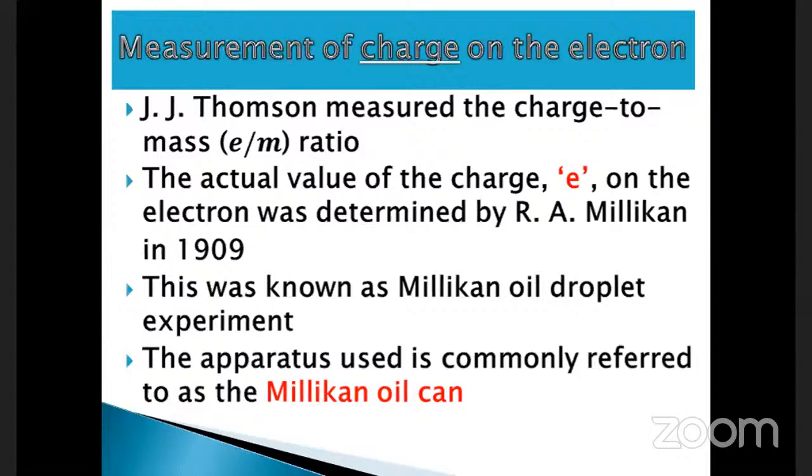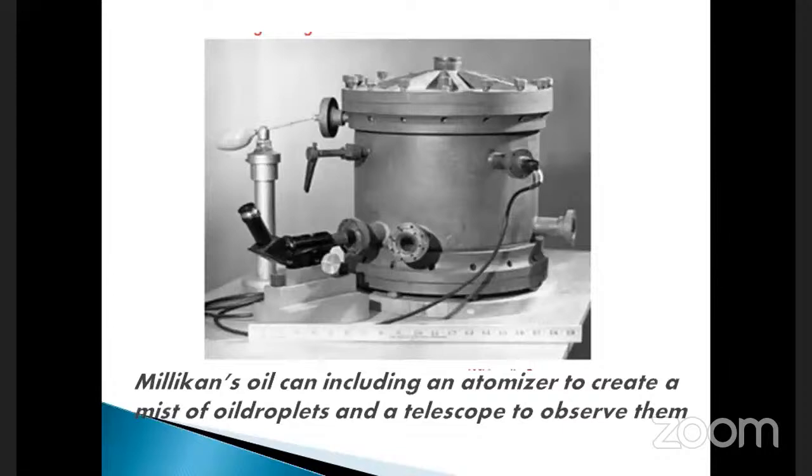So the first thing I'll do is to show us a pictorial diagram of the oil can, and then we'll discuss briefly the modus operandi, the modes of operation of the oil can. So this is a pictorial diagram of what that oil can looked like. Here you find an atomizer at this end.